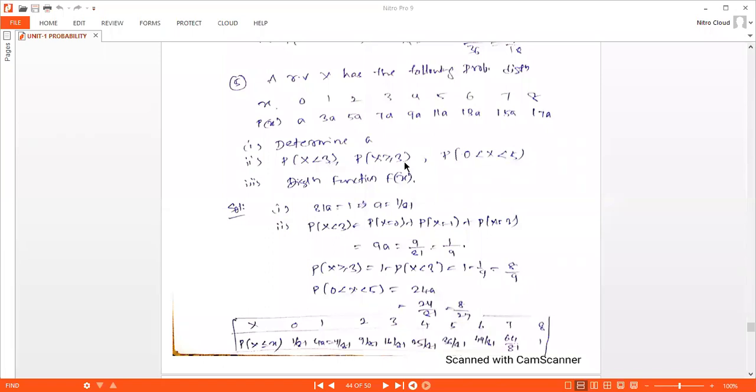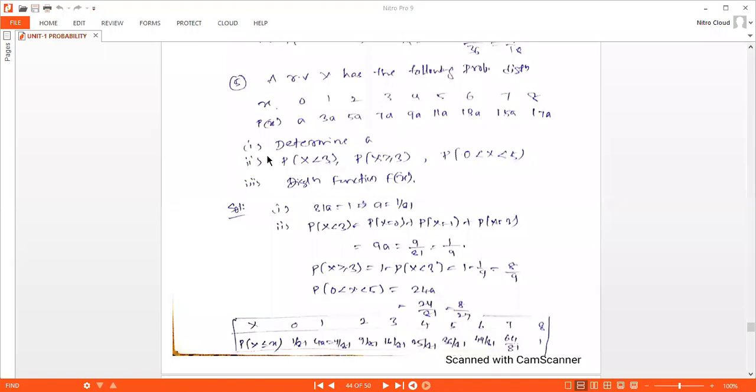So probability of x equal to 0 plus probability of x equal to 1 plus probability of x equal to 2 only. We are not including probability of x equal to 3 here. So the total probability is 9A, that is equal to 9 by 81, which gives you 1 by 9.